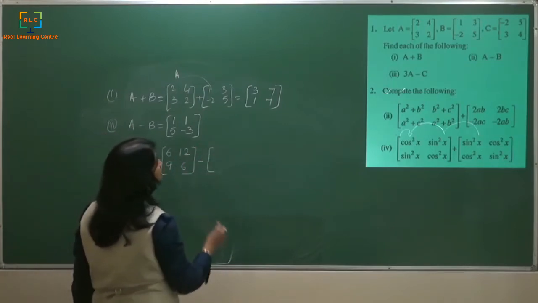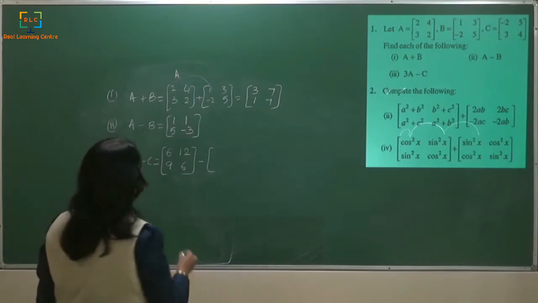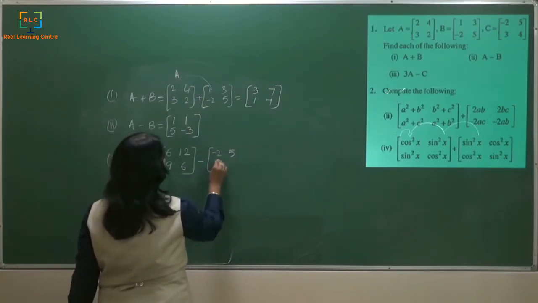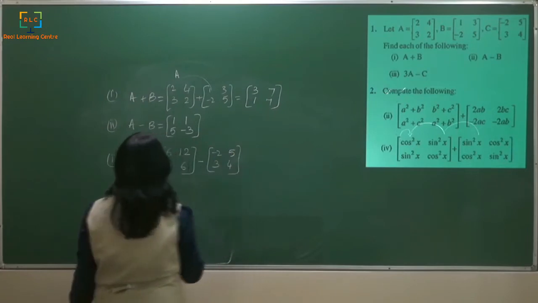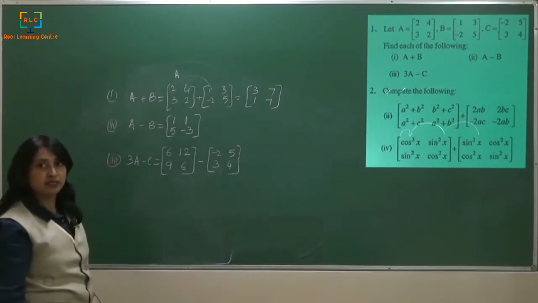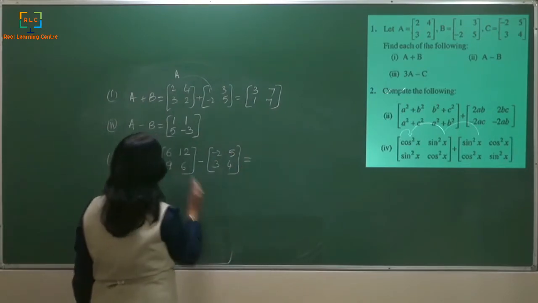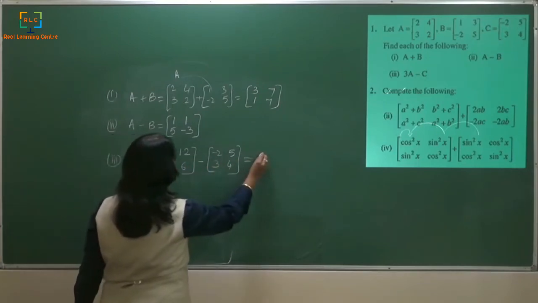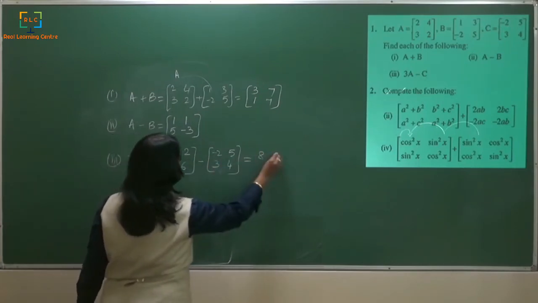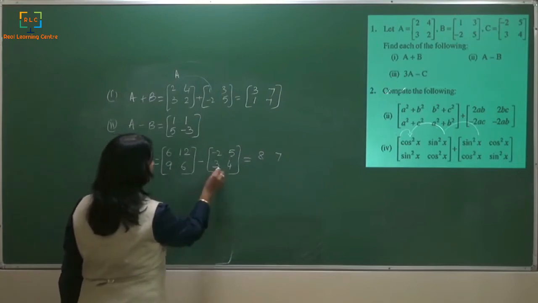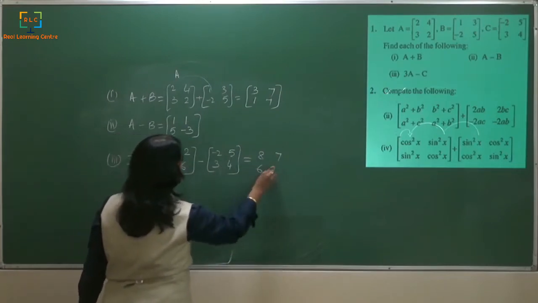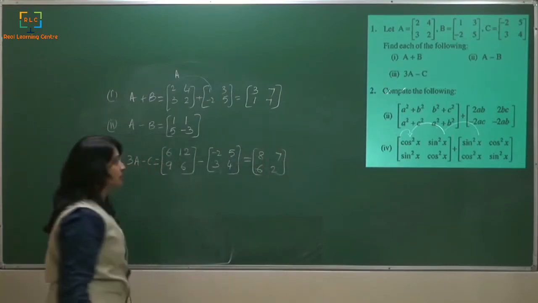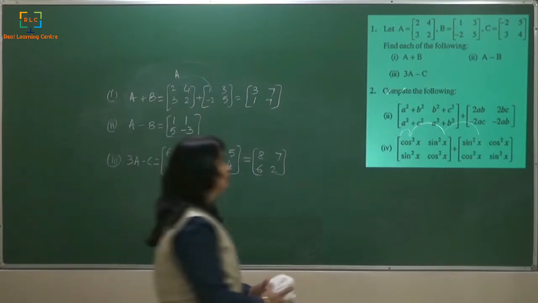Your c matrix is minus 2 5, minus 2 5 3 4. Once and for all we'll subtract. 6 minus of minus 2 is 6 plus 2, which is 8, 12 minus 5 is 7, 9 minus 3 is 6, and 6 minus 4 is 2. This was the simplest multiplication that you could do.